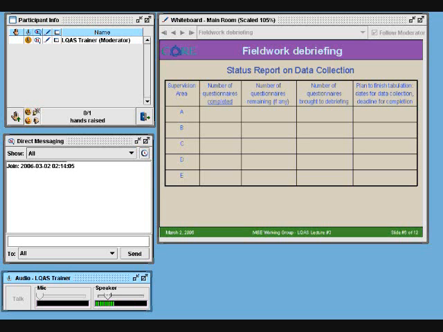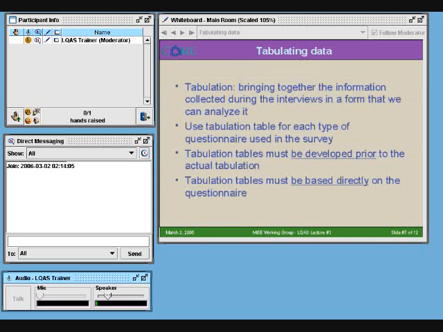It should be completed with input from the survey teams and should provide information by supervision area on the number of questionnaires completed, the number of questionnaires remaining to conduct, if any, the number of questionnaires brought to the debriefing exercise, and the plans to finish tabulation, dates for any remaining data collection, and deadlines for completing data collection if necessary, or deadlines for completing the tabulation process.